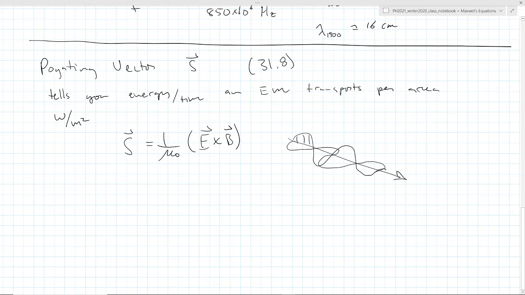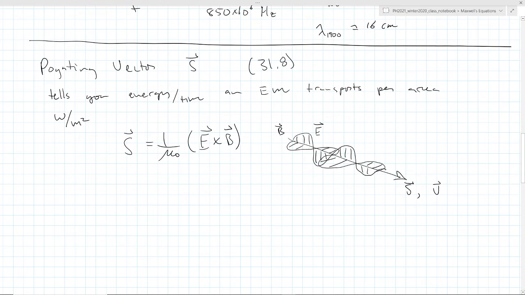But basically if you apply your right-hand rule here to E and B, your thumb is going to be pointing in the direction of the Poynting vector, and that is telling you both the direction of energy transport, and also the direction, the velocity of the wave.